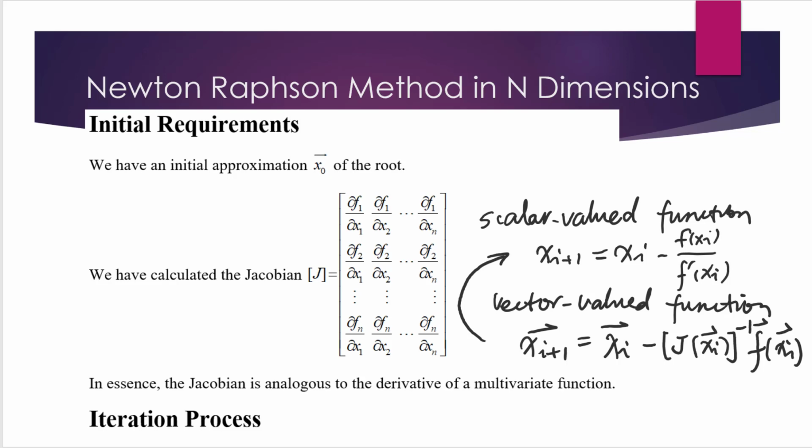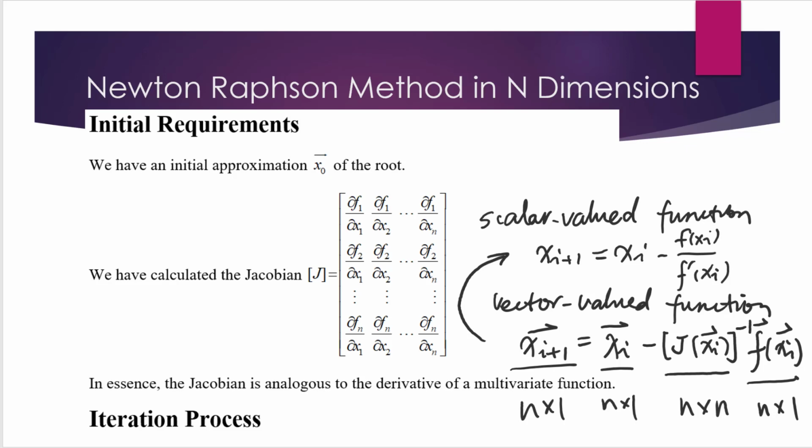All right, so x(i+1) is an n by 1 vector, xi is an n by 1 vector, the Jacobian matrix is an n by n matrix, and the function value is also an n by 1 vector. This is the formula for the iteration process.